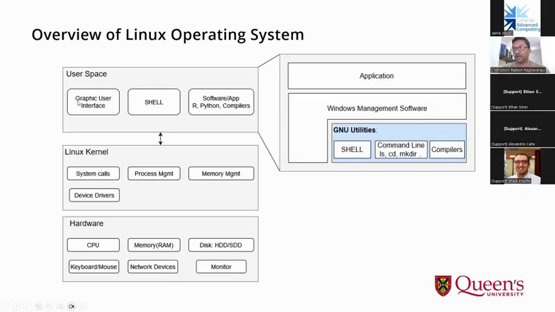Along with the graphical user interface, if you have one, and the shell to communicate with different applications, there are also different applications that are installed on a Linux system. This could be applications installed by the user itself, such as R, Python, or compilers. If you are using MATLAB, this is the layer where you're installing it, and so on and so forth.